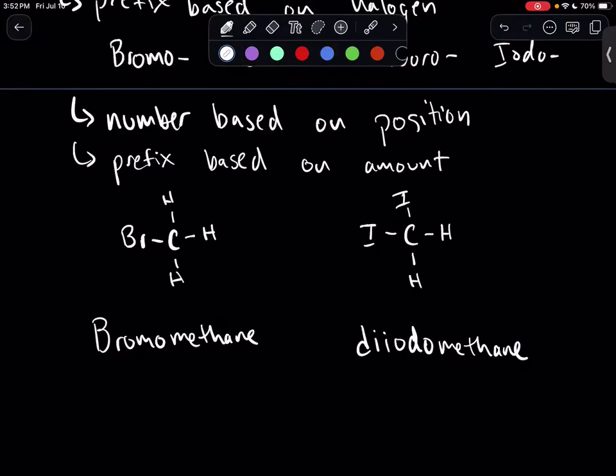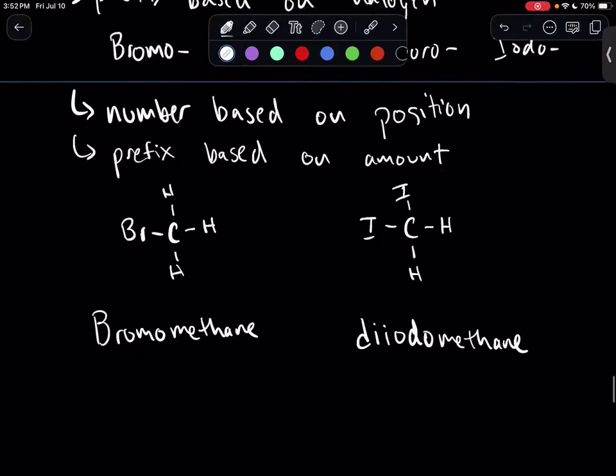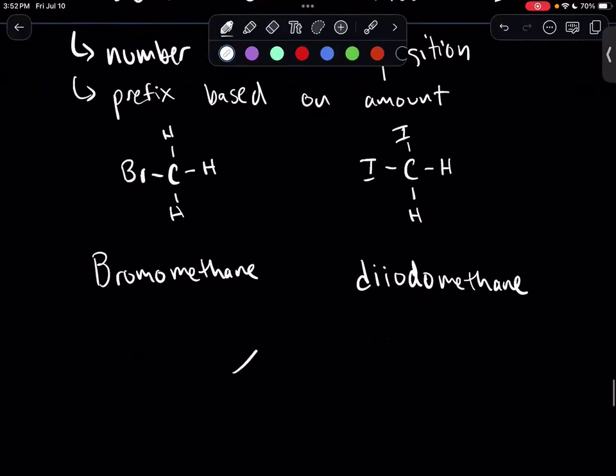And so we still have the prefix to give us the number. Now, of course, because we reference position, in this case, the skeletal one right here is going to be 2-fluoropropane. 2-fluoropropane. So it's not too bad.